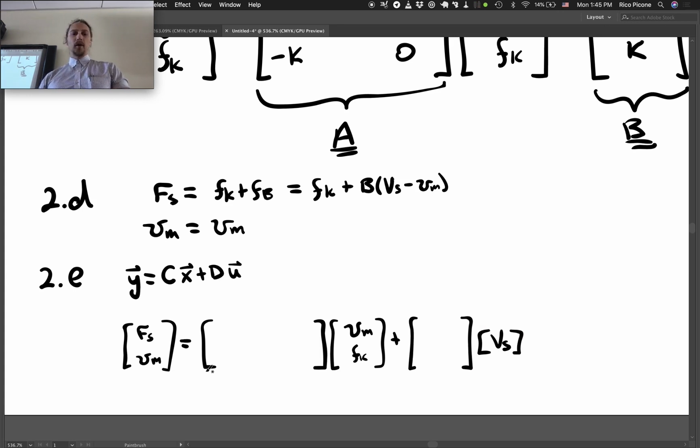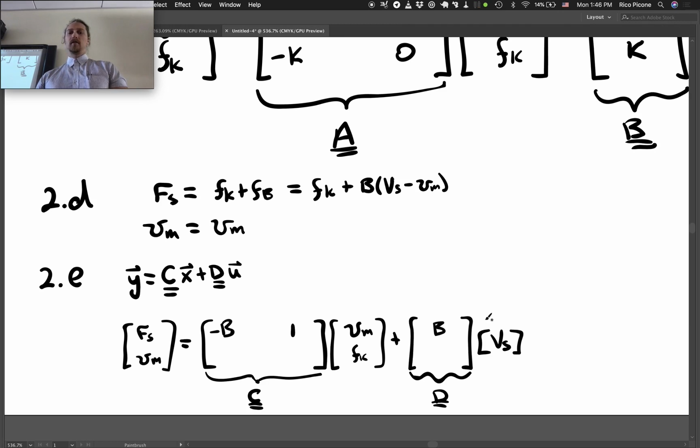Okay, so this is going to be our C matrix. And this is, oh, I didn't put our underbars here. This is going to be our D matrix. And for Fs, we've got Vm here with a Vm coefficient. So Fs equals negative B Vm plus what Fk? 1 Fk plus what Vs?